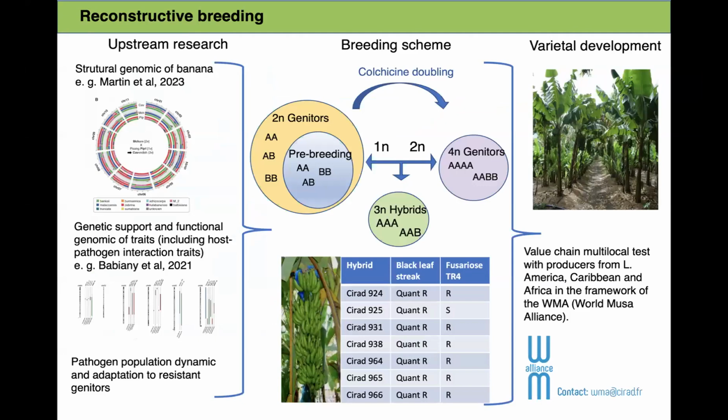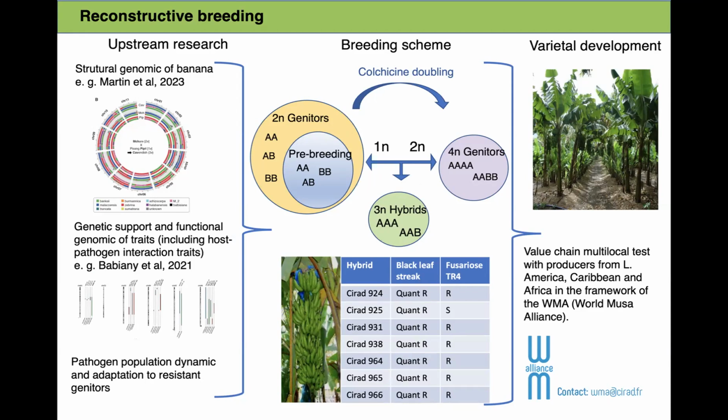And it will be possible to combine different resistances and different mechanisms in the breeding program that we have developed at CIRAD. As Nabila presented, it's a reconstructive breeding scheme. So from a pool of diploid genitors, which can be improved in a pre-breeding phase, some of them are doubled with colchicine, and by crossing diploid and tetraploid, we obtain in one cross triploid hybrids.